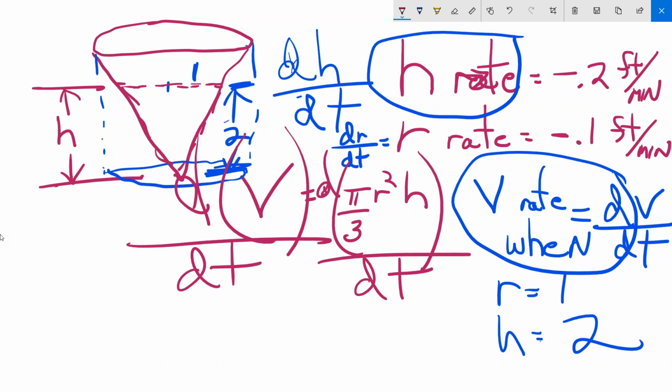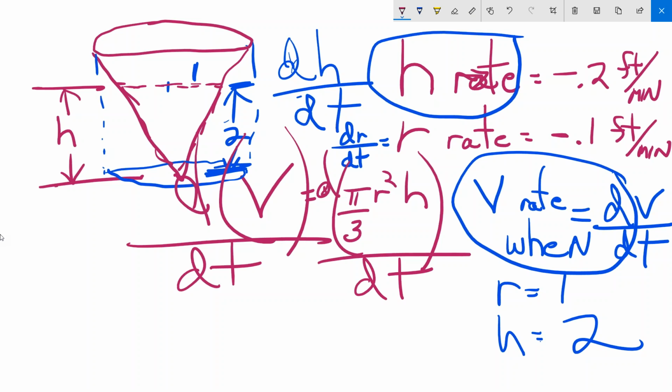If I run into r, I take the derivative of the outside and I follow it with a dr dt. When I run into h, I take the derivative of h and follow that with a dh dt. So whenever you run into a variable, not a constant, but a variable, that is not your denominator, you have to apply the chain rule and always follow it.